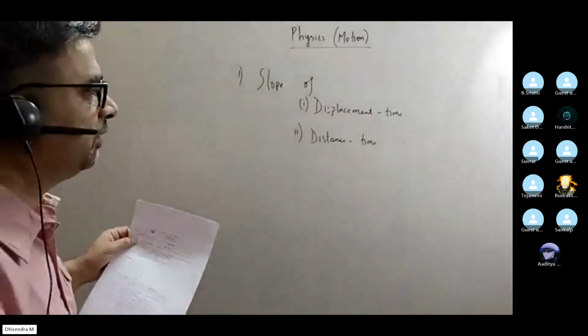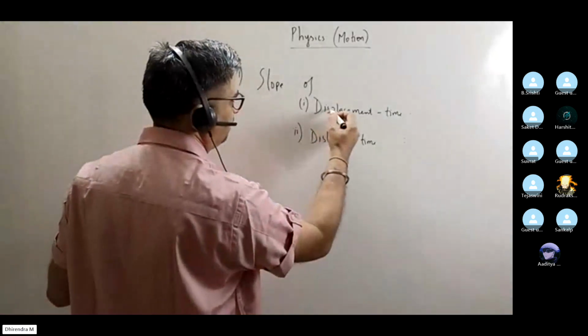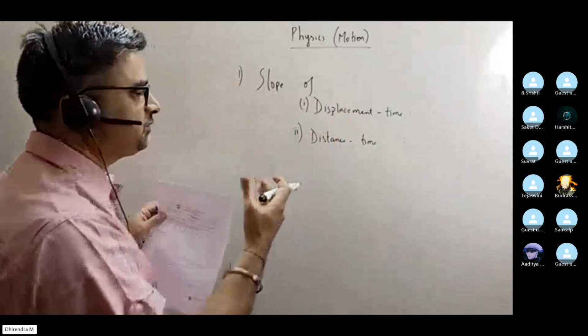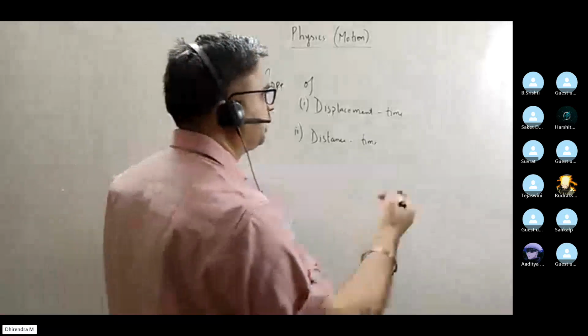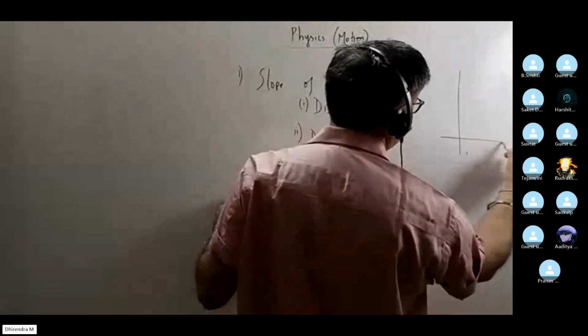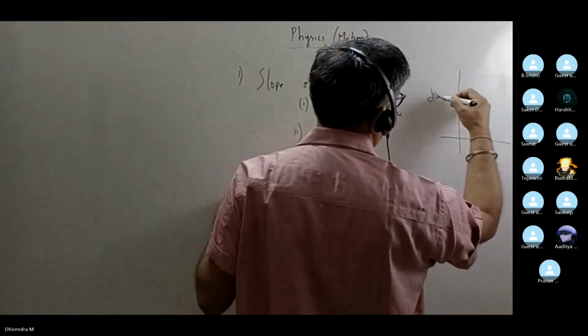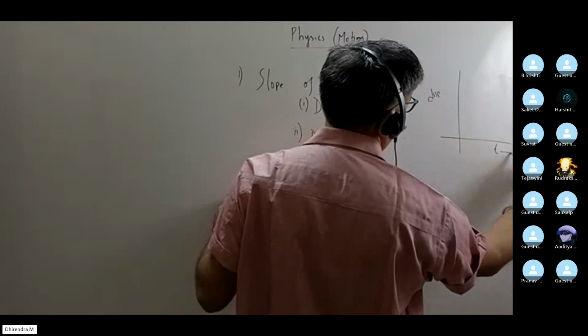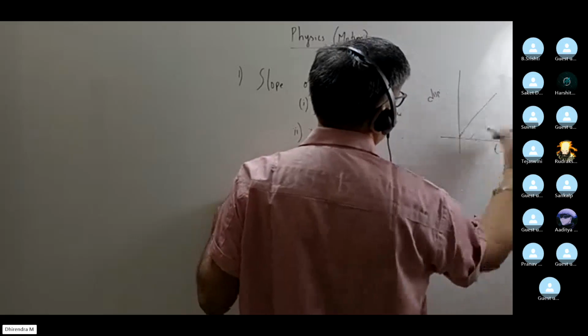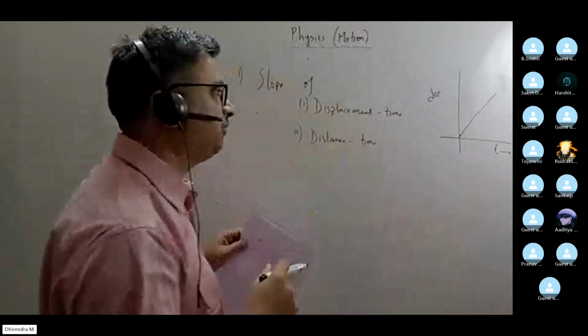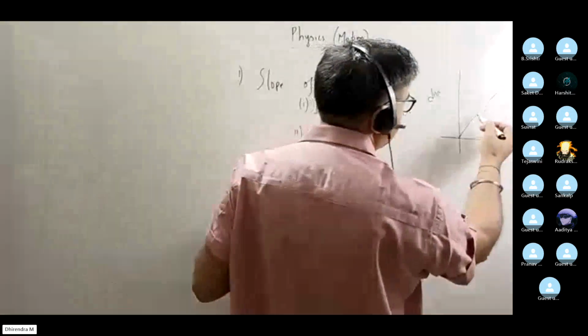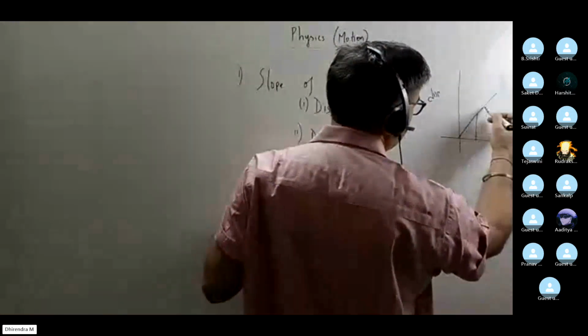Yes, all of you, are you familiar with what is going on? The slope of a displacement time graph gives us what? So we have a displacement time graph, and let's say this is the graph. Then what does the slope give us, folks?